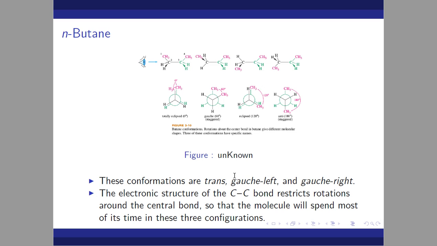In these three configurations you can have some degree variation, but most of the time it is in these three conformations. Imagine that if we have more C, then there will be a lot more conformations or configurations.